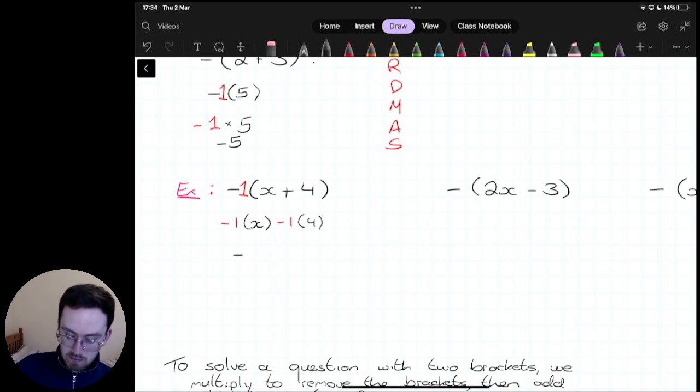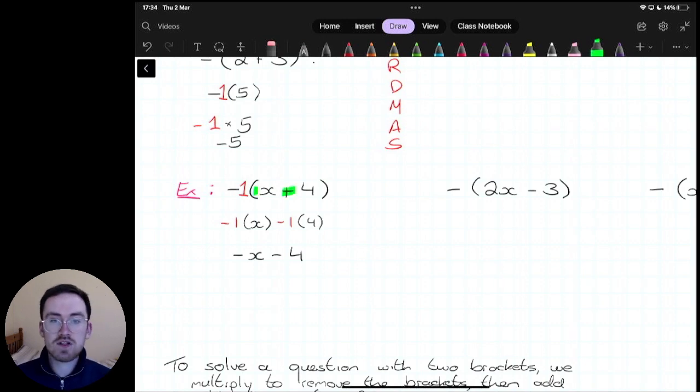And that gives me minus x minus 4. For both of the two terms, the x and the 4, all that's happened is we've changed the sign to a minus, because we're multiplying each of them by minus 1, and they're already a plus to begin with. So we've changed the sign.